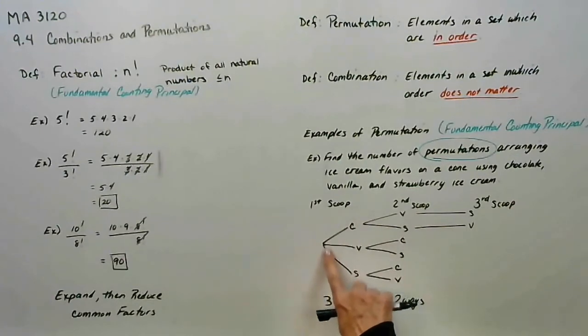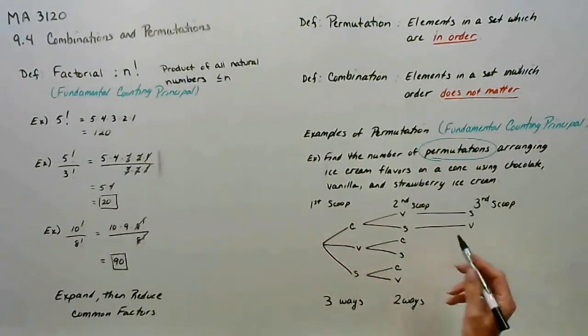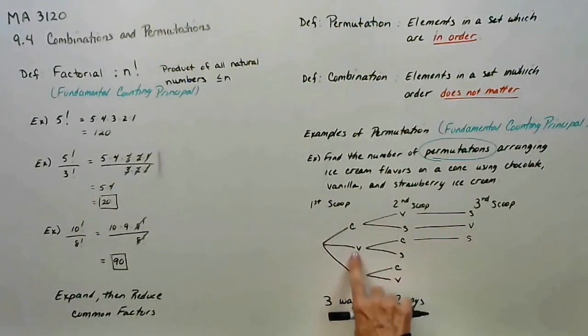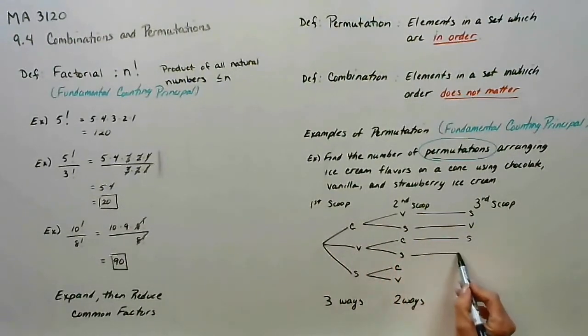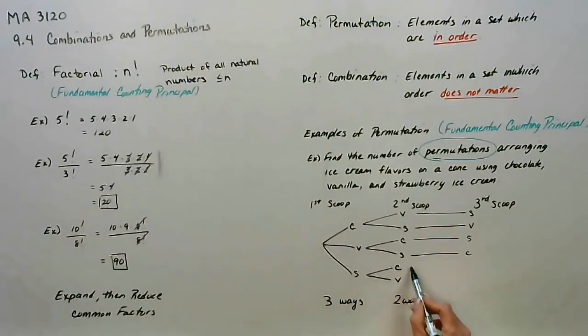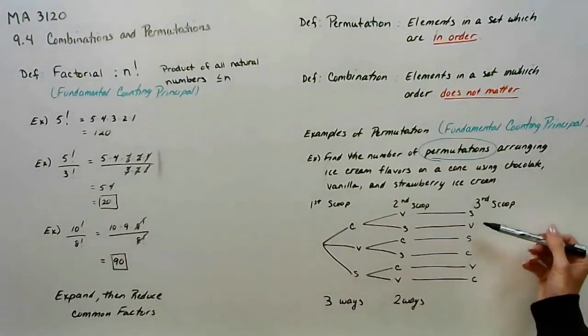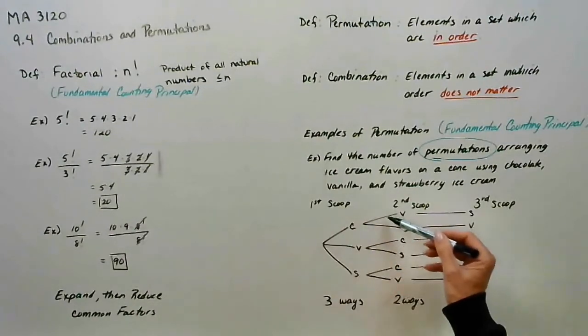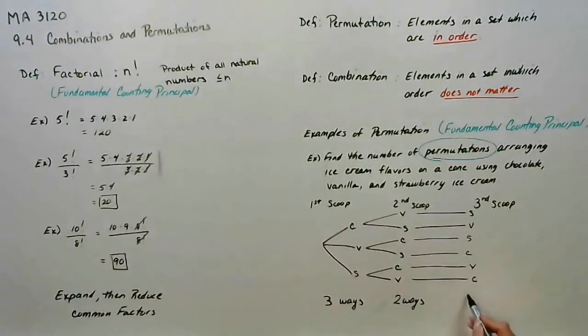Now you can keep going. If we have vanilla, then chocolate, the only choice left is strawberry. If we have vanilla, then strawberry, the only choice left is chocolate. So you can see how this pans out. And in each case, there's only 1 way we can have a third scoop, because order mattered leading up to that scoop.